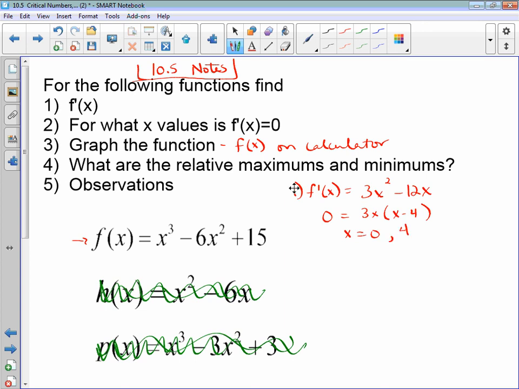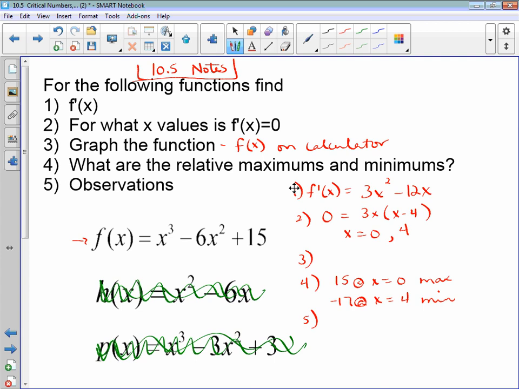Okay. Then we went back to the original function and you graphed it on your calculator. For your maxes and mins, did you get 15 at x equals 0 for your max? And negative 17 at x equals 4 for your min? Yes? Okay.